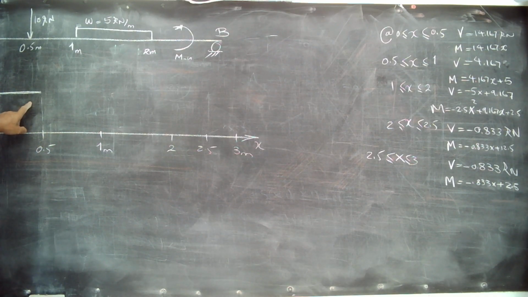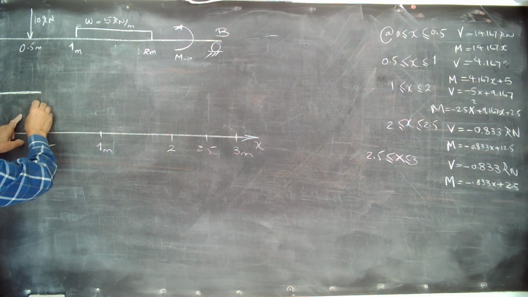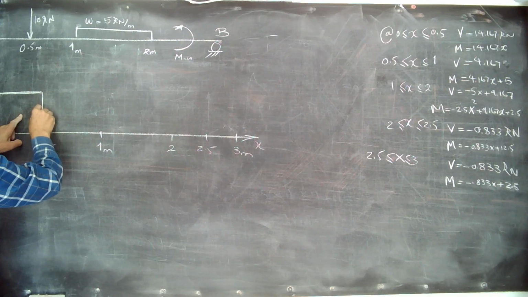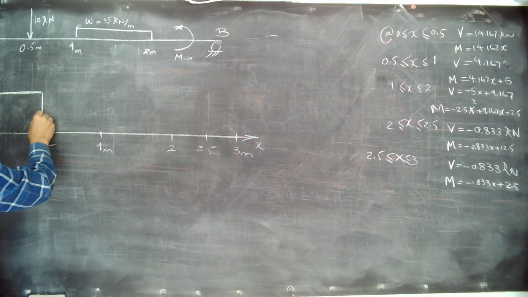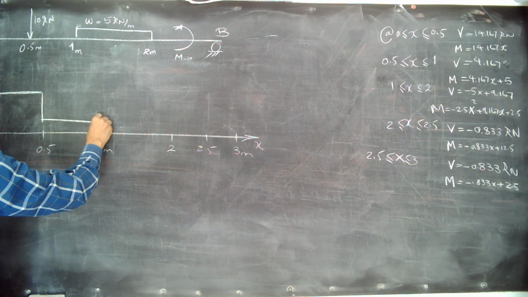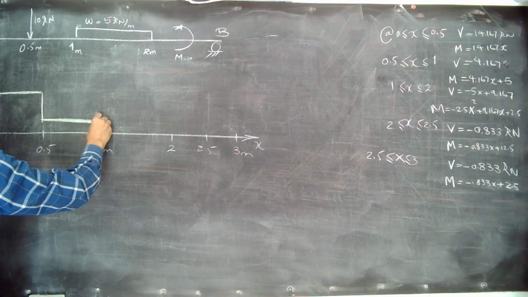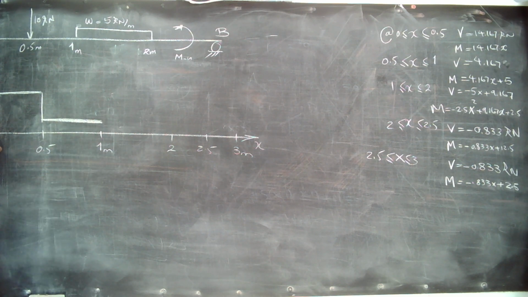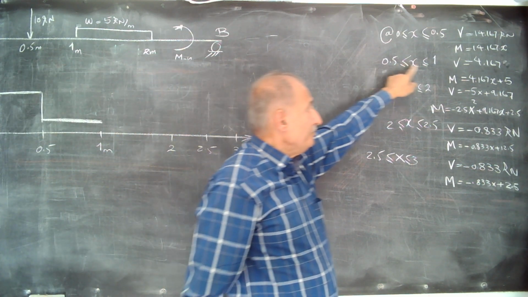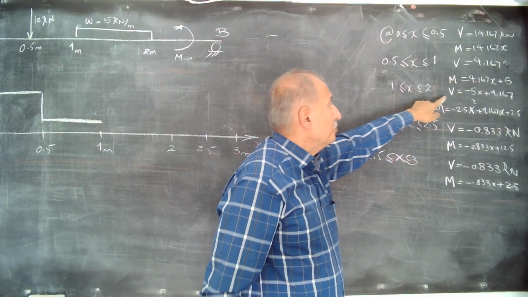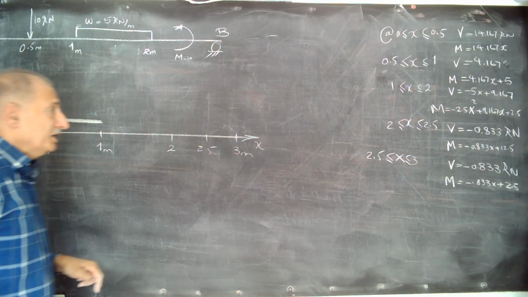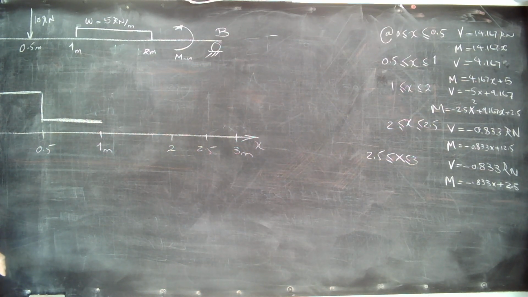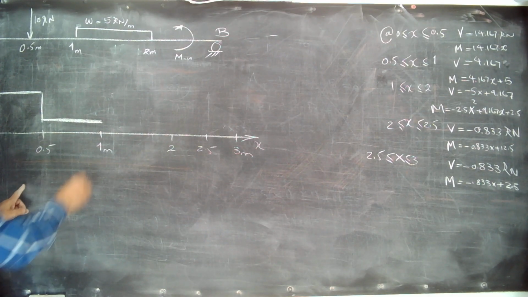And then for x between half and 1, we have 4.167. It means a 10 abrupt change here, till here, between half and 1. And between 1 and 2 is an equation with negative slope, minus 5x, we got this point.